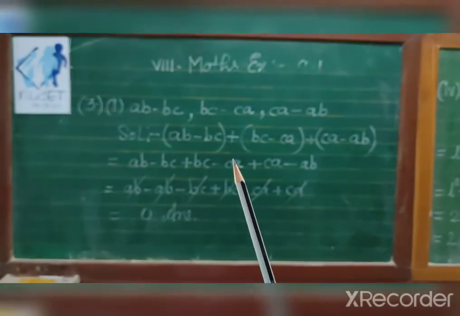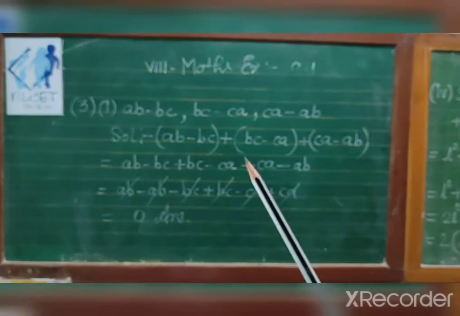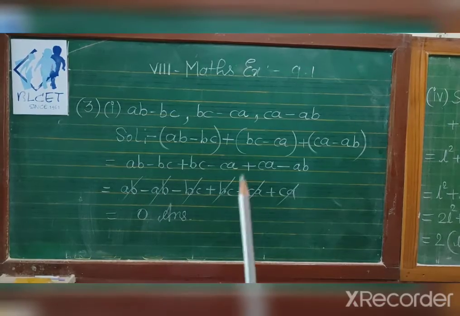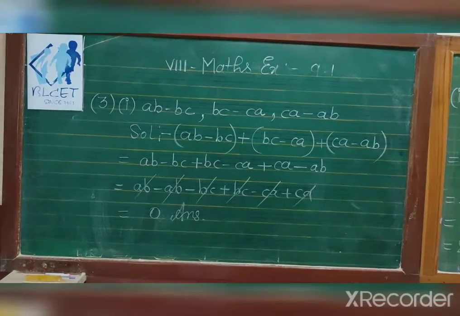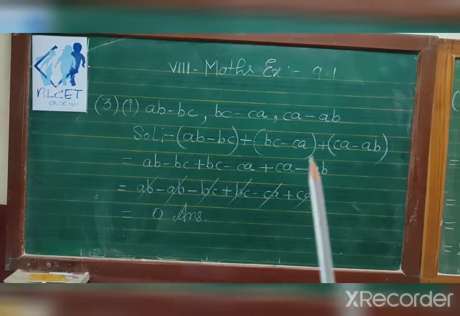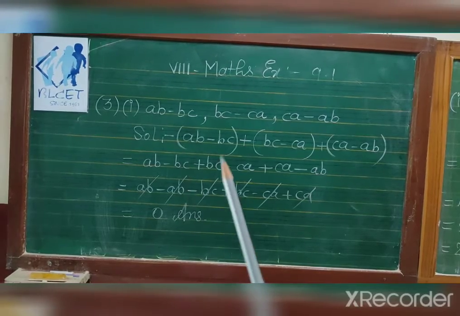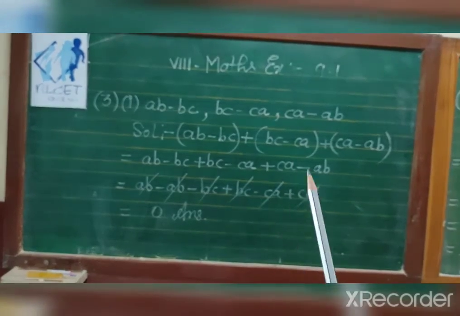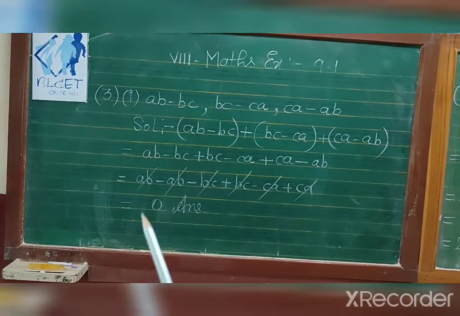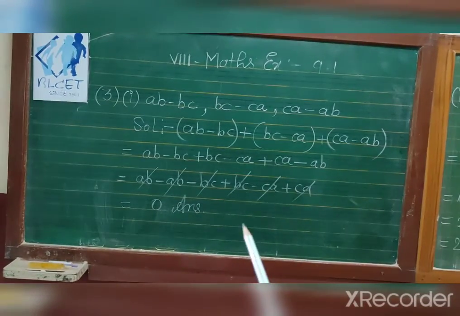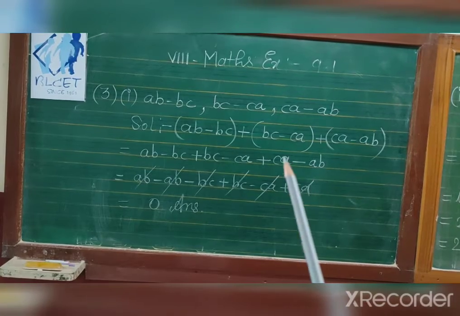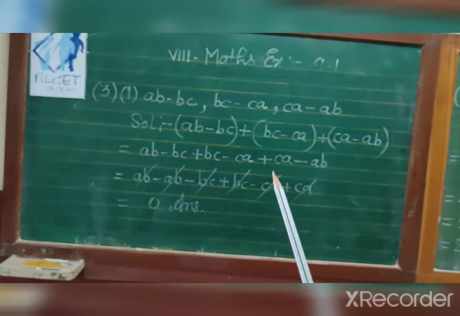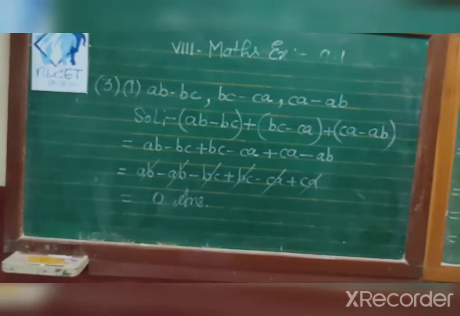So AB minus BC plus BC minus CA plus CA minus AB. Now collect like terms: minus AB, minus BC plus BC, minus CA plus CA. Now cancel AB minus AB, minus BC plus BC, minus CA plus CA. So the answer will be 0.